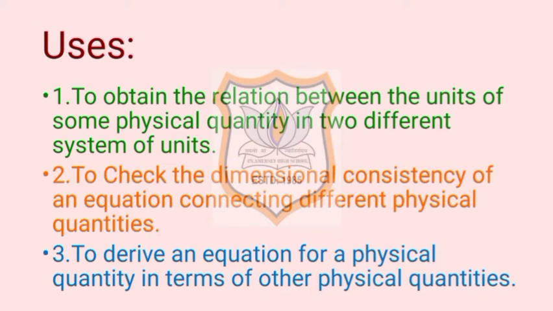The third one is we have to derive an equation in terms of physical quantities. That is, when a physical quantity depends on two or more than two physical quantities, how it depends, what is the equation which is connecting the different physical quantities that we are going to derive. That is the third use. We will be studying all these three uses in detail.